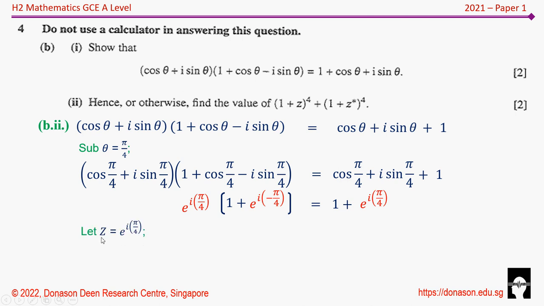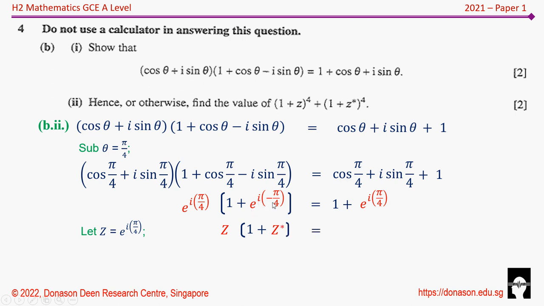Now let z be e to the power of i pi over 4. If I consider this as my z, what would this entire thing now become? This is going to be 1 plus e to the power of i times minus pi over 4.